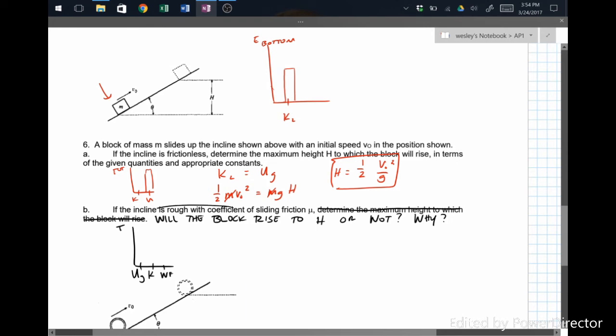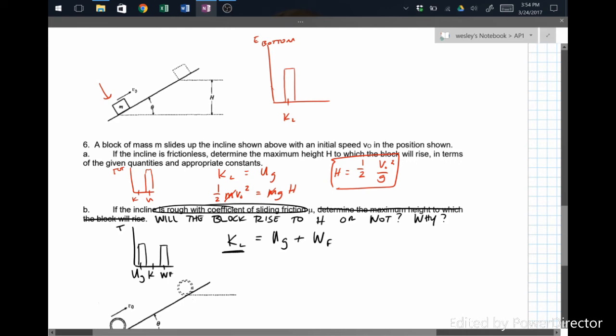because there's friction, if it's rough, if we have a coefficient of sliding friction, anytime we have sliding friction, we're going to get a byproduct of heat. So instead of having all of my energy as gravitational potential energy at the end, some of it's going to be the work for friction. And if we look at this, the linear kinetic energy we had at the beginning is going to be equal to gravitational potential energy at the end plus the work done by friction.